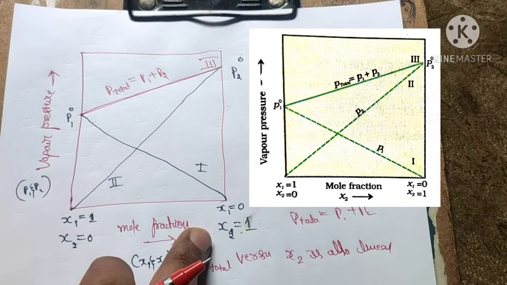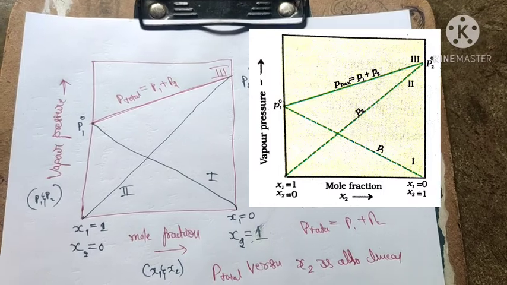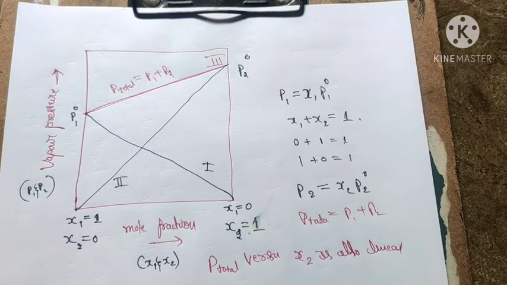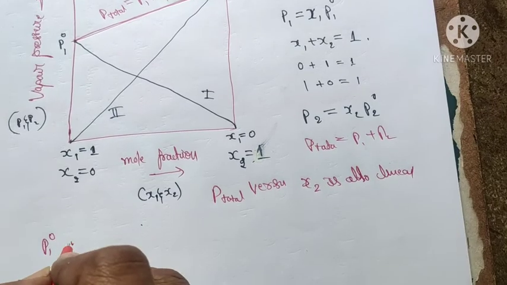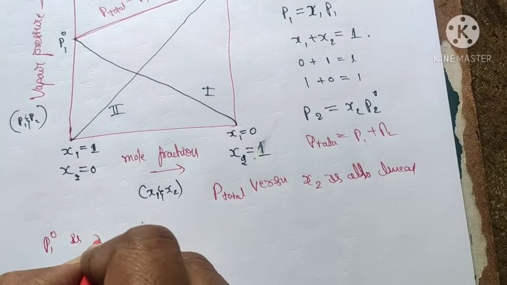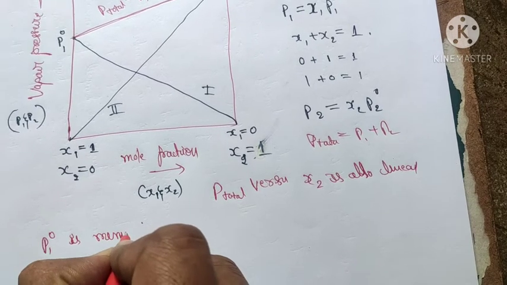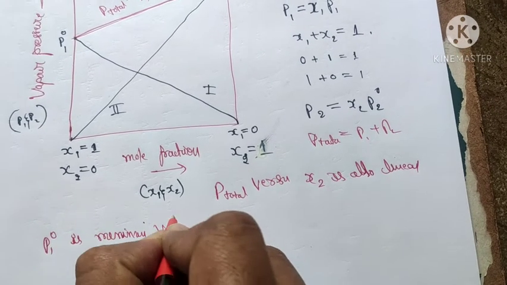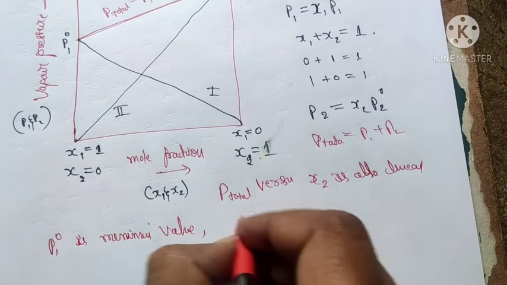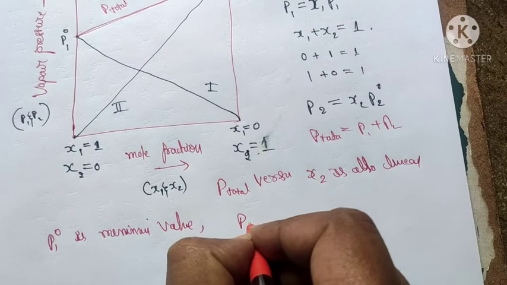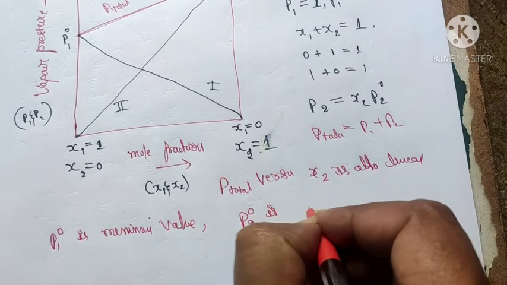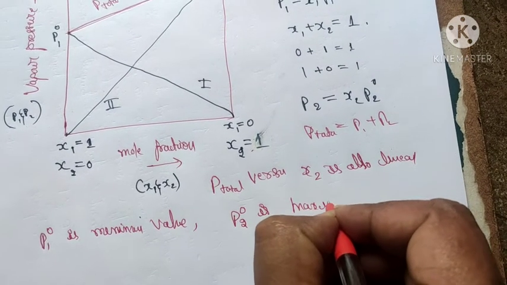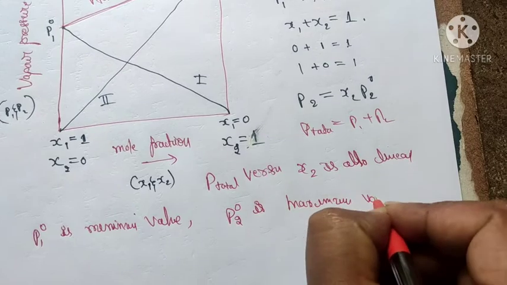In that condition, P1 naught is the minimum value and P2 naught has the maximum value.